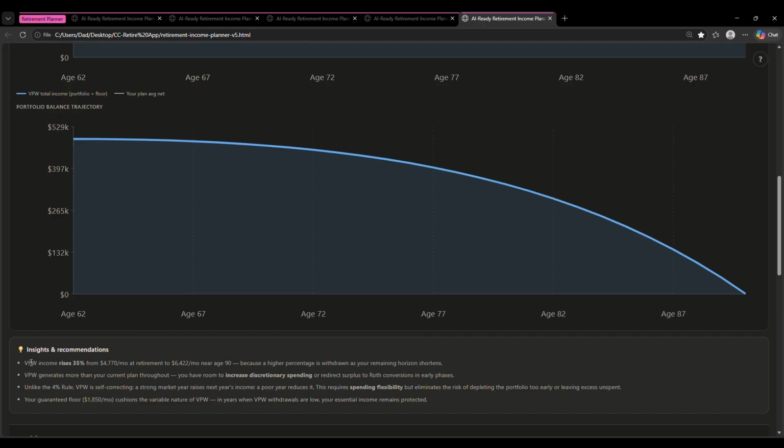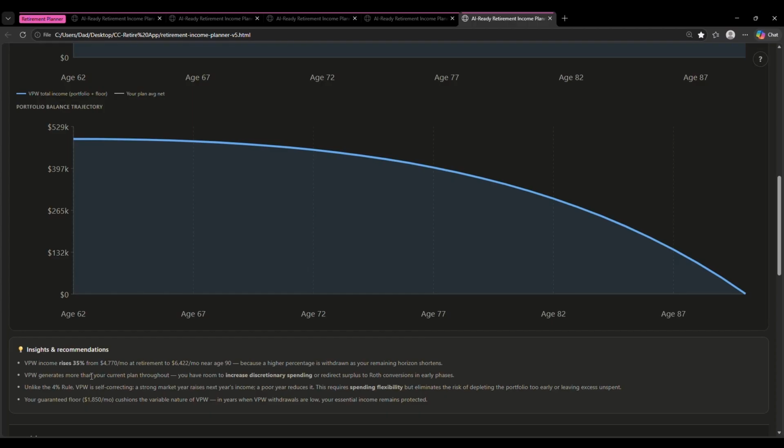It says VPW income rises 30% from $4,770 a month at retirement to $6,422 a month near age 90, because a higher percentage is withdrawn as your maximum horizon shortens.